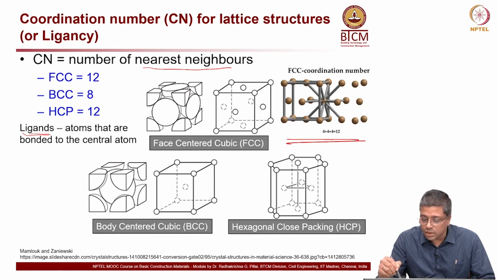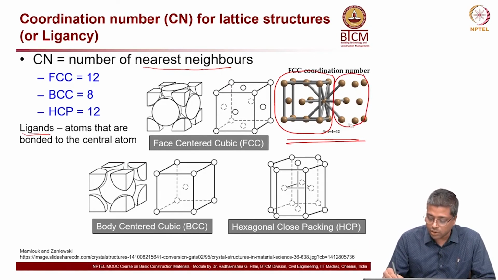So, as you can see here, if this portion here is the FCC structure and this is continuing, the remaining on the right side is like continuing the next unit cell. Okay.